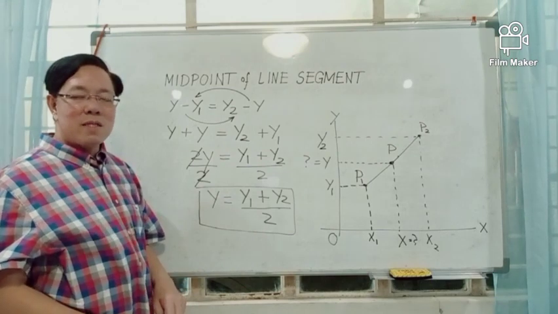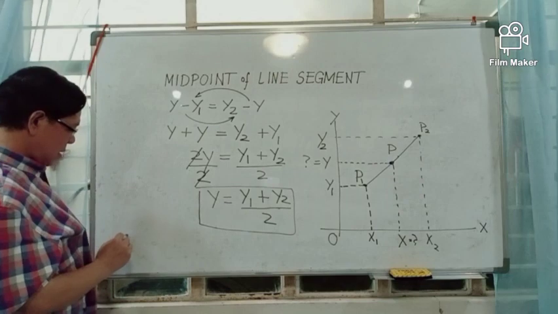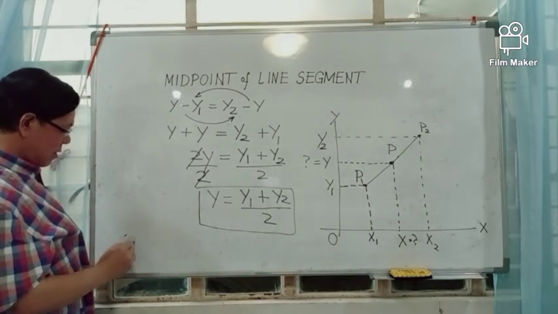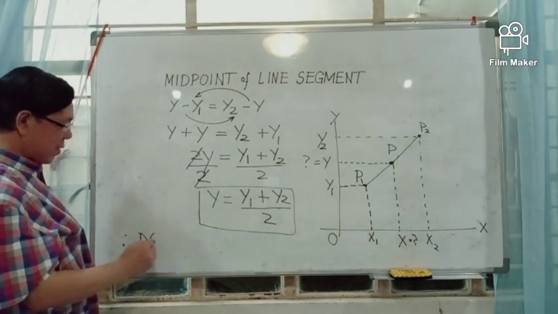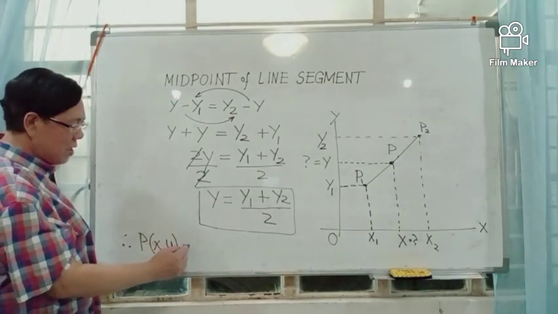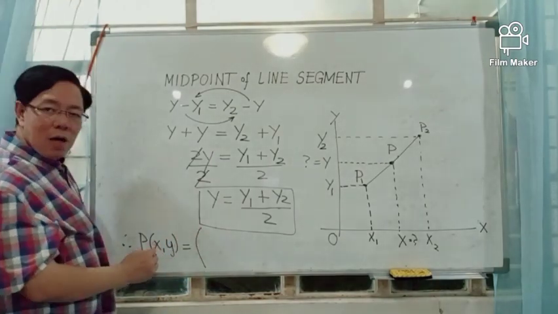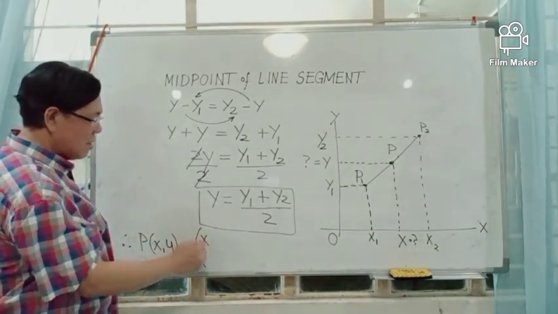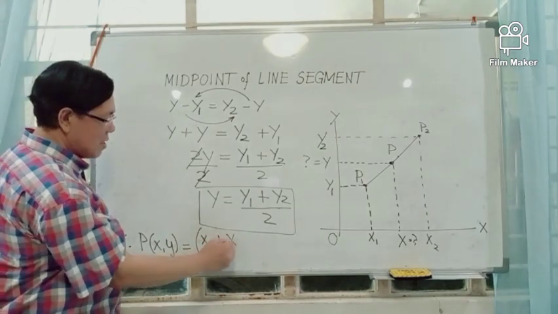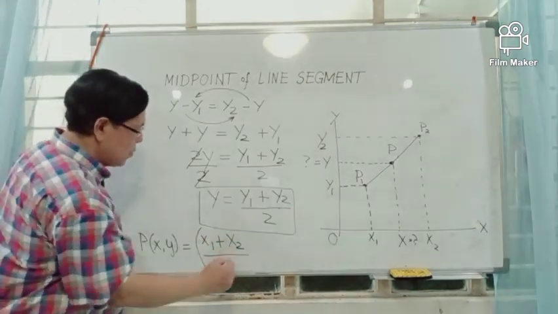So we now write the coordinates of the point P. Therefore, the midpoint P, halfway between the points P1 and P2, has coordinates. The abscissa is given by the sum of the abscissas of the endpoints of the line segment divided by 2.